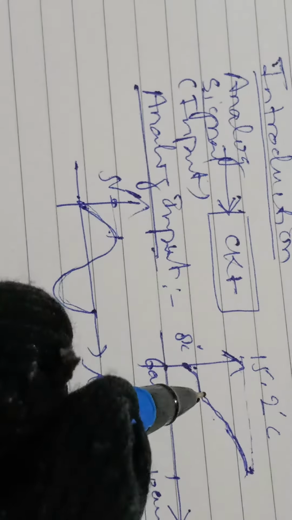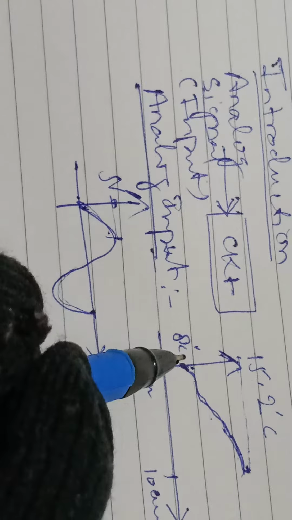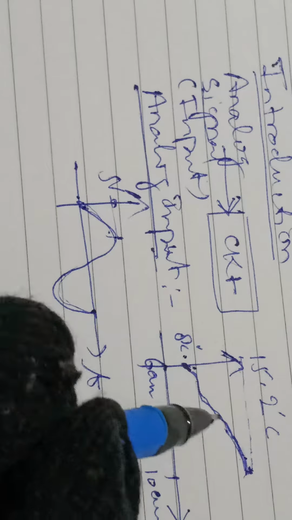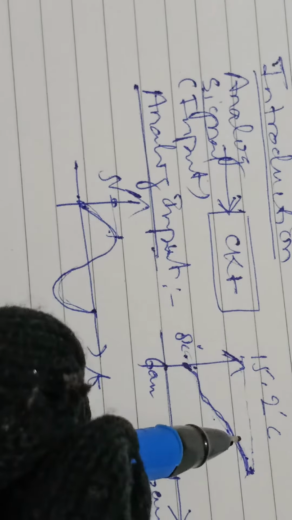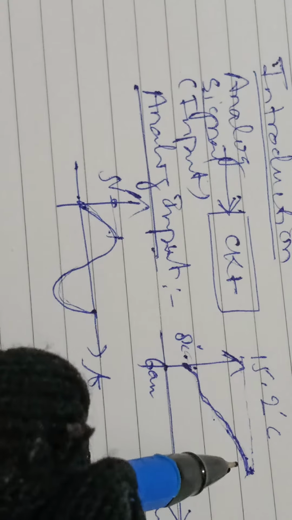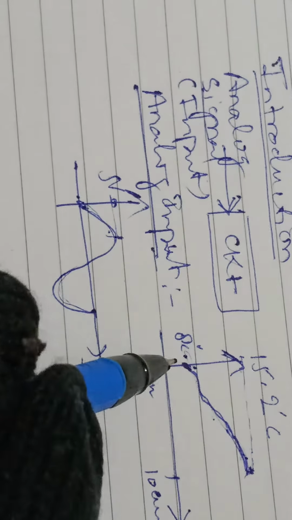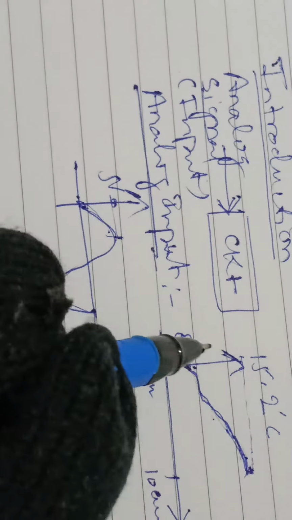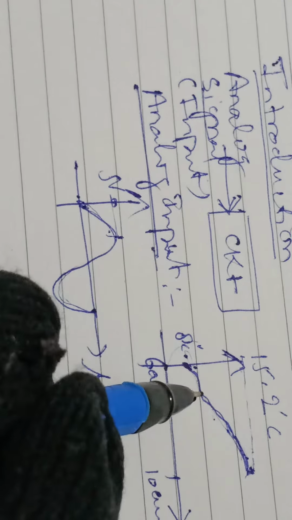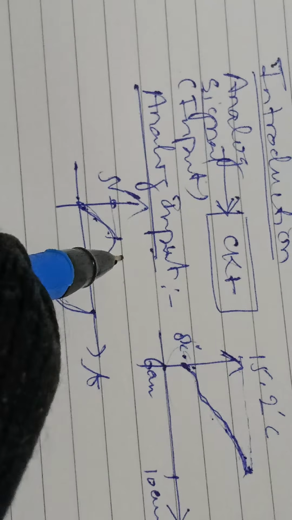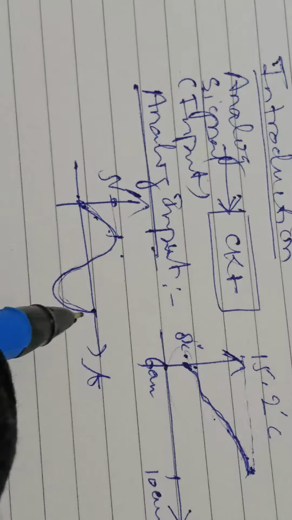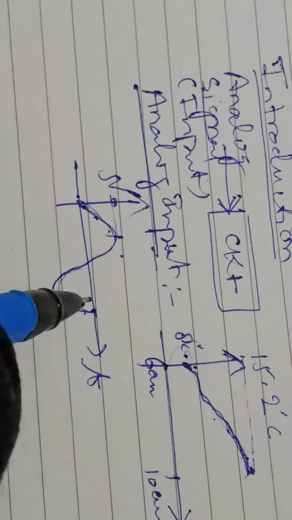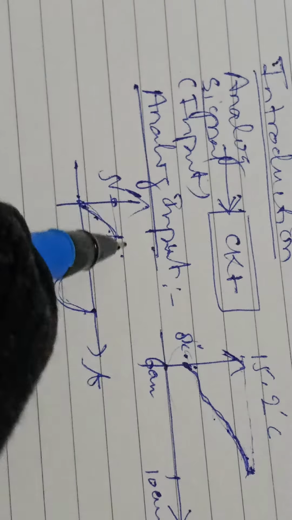Similarly in the temperature signal also, between 8 degrees centigrade and 15 degrees centigrade, an infinite number of values are possible. Not infinite in value, but an infinite number of values are possible. This type of representation is called analog representation, and the signal which represents its behavior in this manner is called an analog signal.